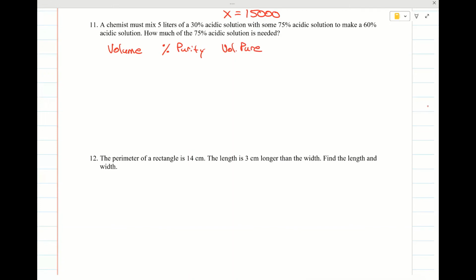So for this first solution, we have 5 liters of 30% purity. As a decimal, that's 0.3. And then the amount of that's pure, you would just multiply them. So 5 times 0.3 is equal to 1.5 liters of pure acid.